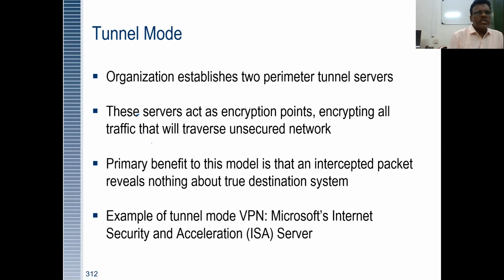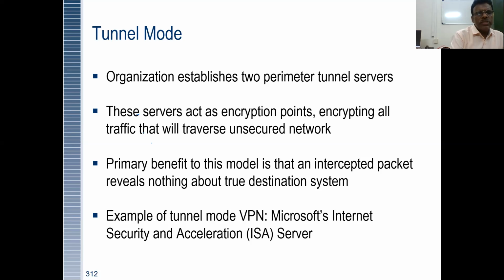We can call it tunnel mode. This server acts like an encryption point, encrypting all traffic that will traverse the unsecured network without interrupting the flow, so that the data is manageable in a secure manner as it moves through the tunnel.